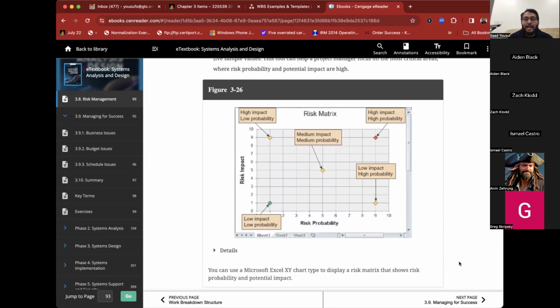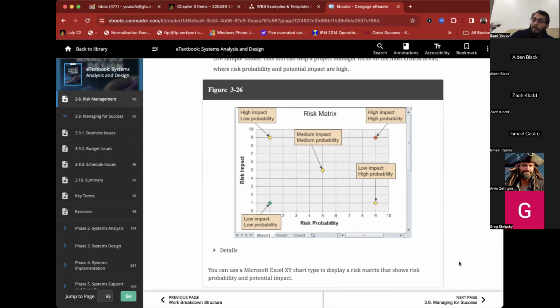And in order to do that, you can set up a chart like this. There is a low impact, low probability risk. It will not happen very frequently, and if it does happen, it will not impact the project that much. You can have high impact, low probability, which means it will have a great impact on the project, but may not happen very often.